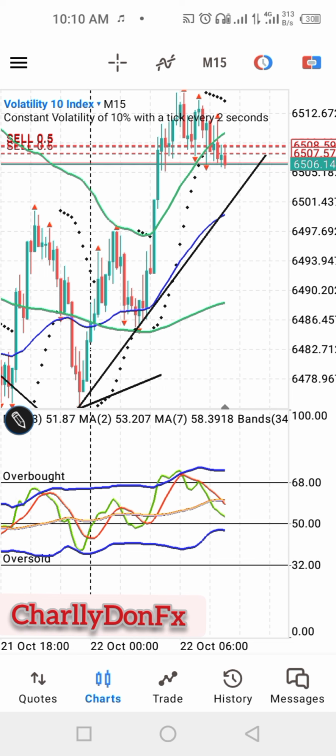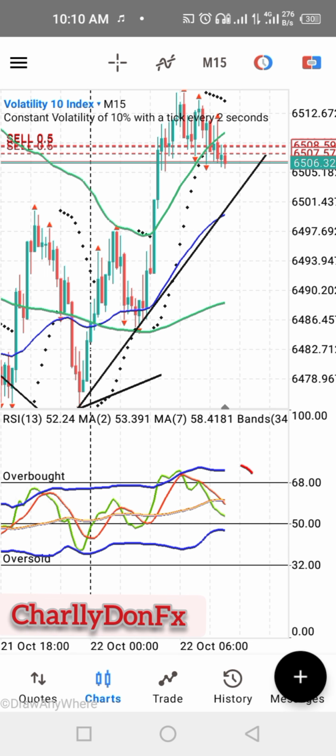Not one where you open a position and the market starts retracing or kicks you out of the market due to the small amount in your equity or balance. So to ascertain that, make sure that the green pierces the orange moving average.